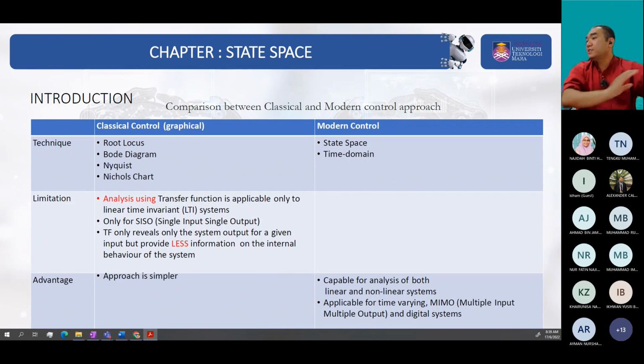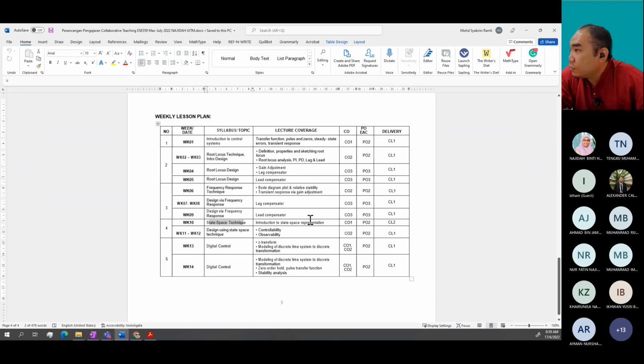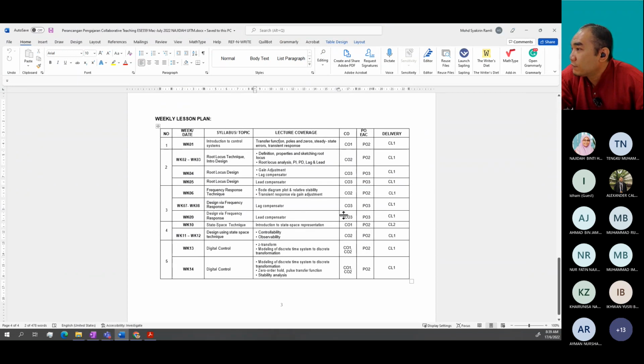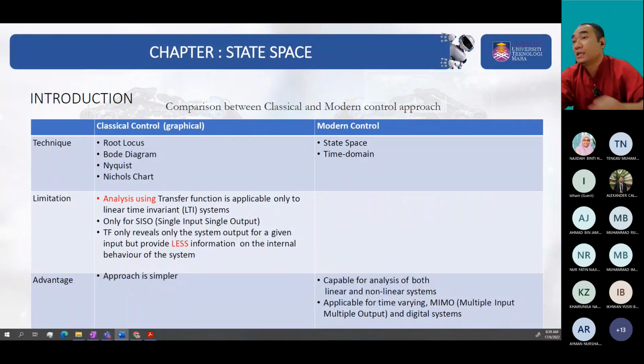Okay. So in this table, we have a comparison between the classical and the modern control approach. What you learned previously, in the previous weeks, you started with the transfer function, you learned about the root locus design, you learned about the lead compensator and so on. So all these techniques use the transfer function as the main mathematical representation of your system.